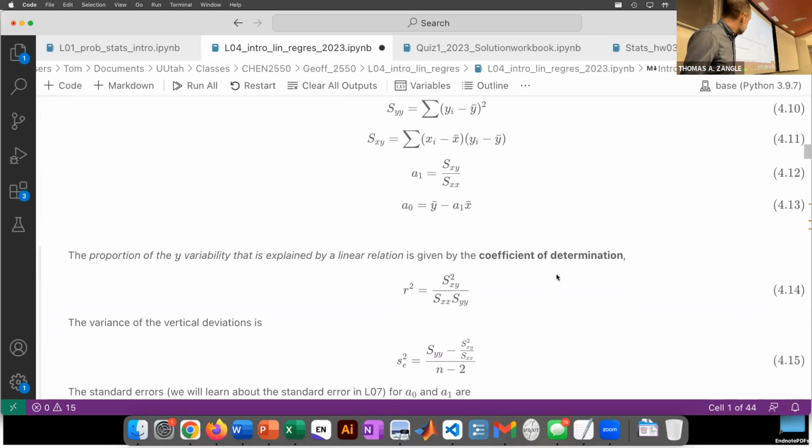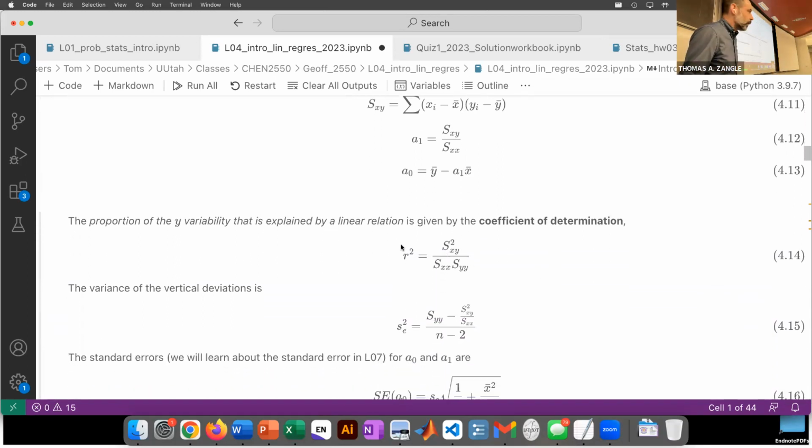One thing that you'll often see is R squared, as a measure of goodness of fit. It's called the coefficient of determination. What R squared really describes is the proportion of the variability, in this case in our extraction efficiencies, that's explained by the linear fit.